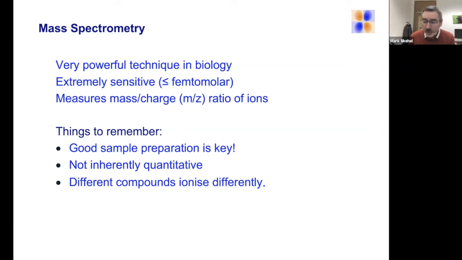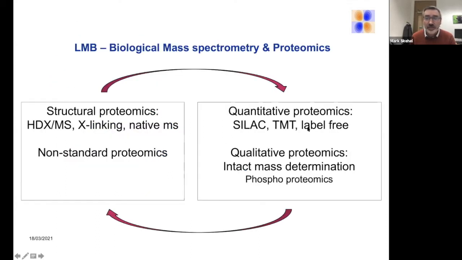In all these experiments, and in any of the techniques you've heard discussed, good sample preparation is key. Mass spec, you should also remember, is not inherently quantitative, and we'll talk about quantitation later on. Also, of course, different compounds ionize differently. So for these last two talks, I'm going to totally center around quantitative and qualitative proteomics on the right-hand side here.